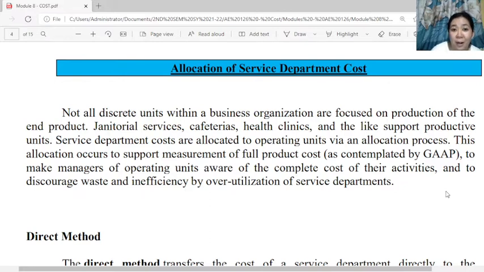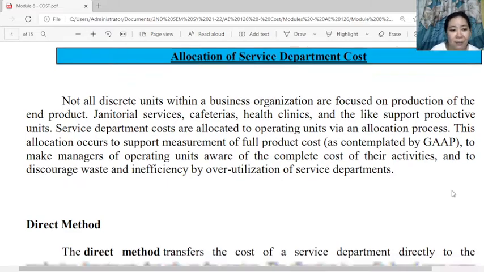So that's why they are included in this module as well. It is also emphasized that although they are not part of the main production process, they are still part of the support in the production activities, or indirect activities and the indirect cost respectively.